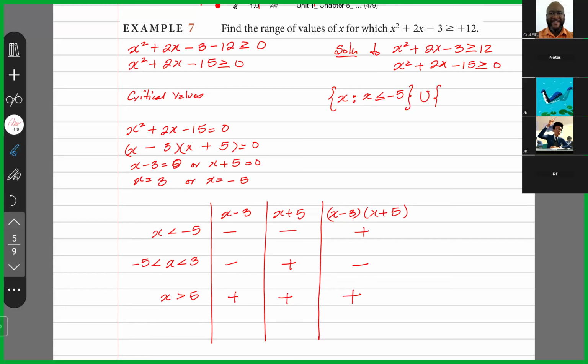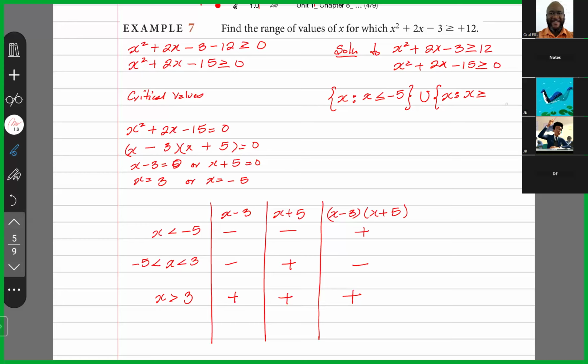Union all x such that x is greater than or equal to, all right, I have 5 here, but it should have been 3. So let us see if that threw off the analysis. No, it doesn't. If x is greater than 3, like if x is 4, 4 minus 3 would be positive, and 4 plus 5 would also be positive.